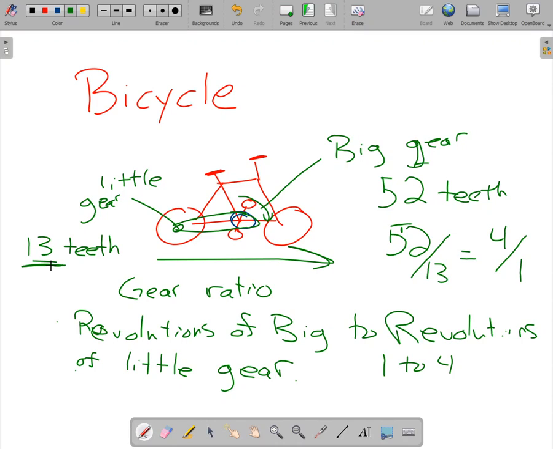So the little gear is going to have to turn 4 times every time the big gear turns 1. So gear ratios are a little hard to think about. They're kind of reverse of what you first think because of the 1-to-1 connection with the teeth. But yeah, in this case, revolutions of the big one to revolutions of the little one is going to be 1 to 4. That's the correct answer.